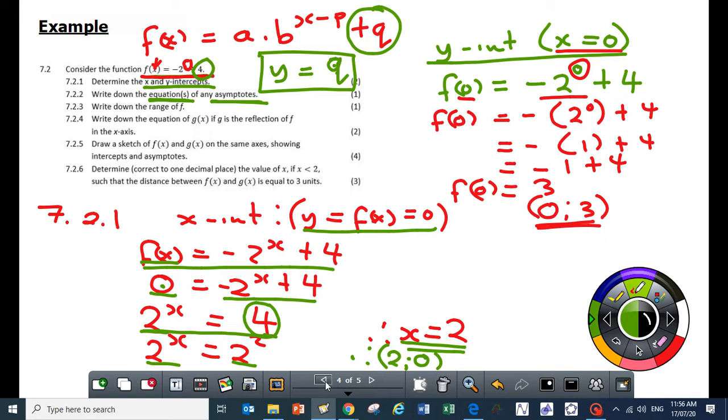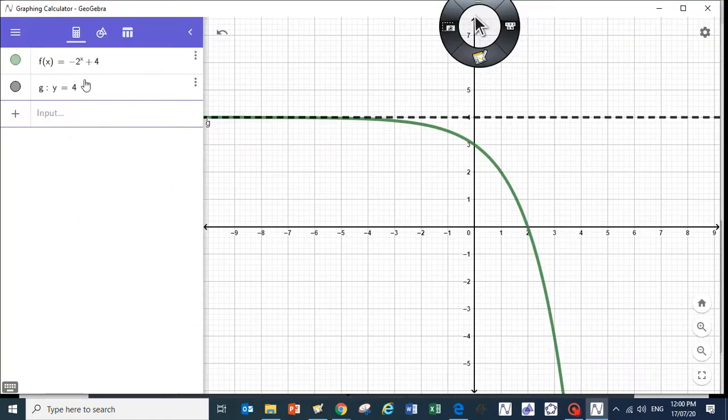Now, because we have this minus in front of that 2 to the power of x, it means that our graph is going to be below the horizontal asymptote. If there was no minus here, it means the graph will be above the horizontal asymptote. So it's very important for you to know that when it comes to an exponential function.